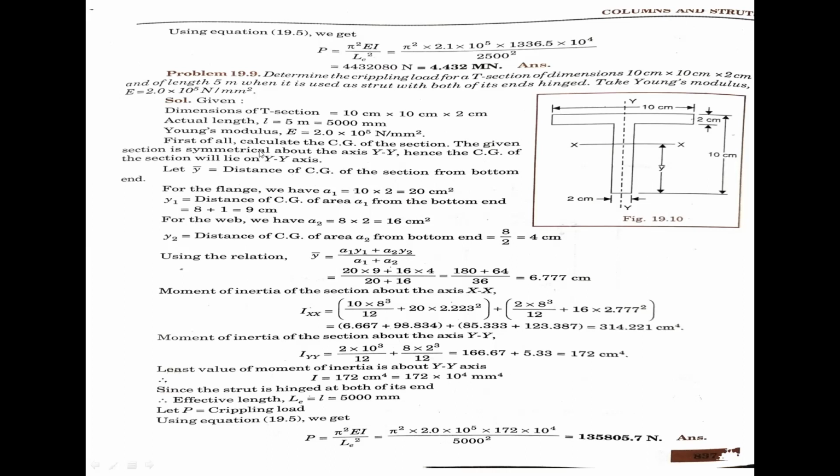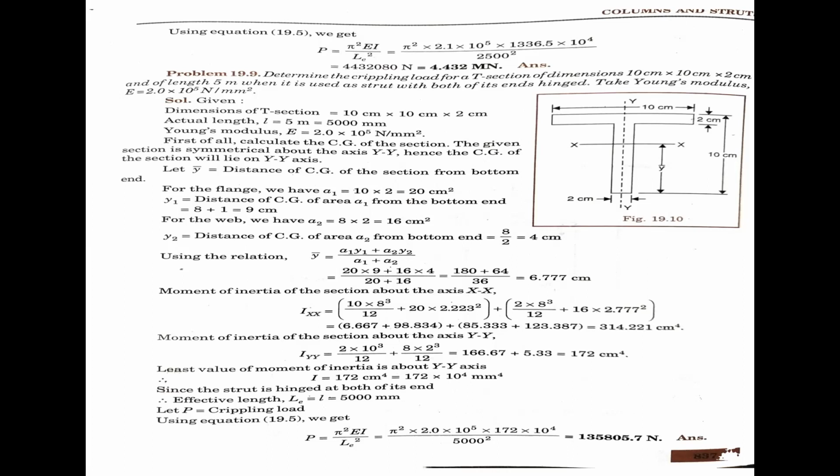For the T section, a symmetrical section, you calculate the center of gravity, A1 and Y1, then Y bar, and then the moment of inertia Ixx and Iyy. You substitute in the problems.